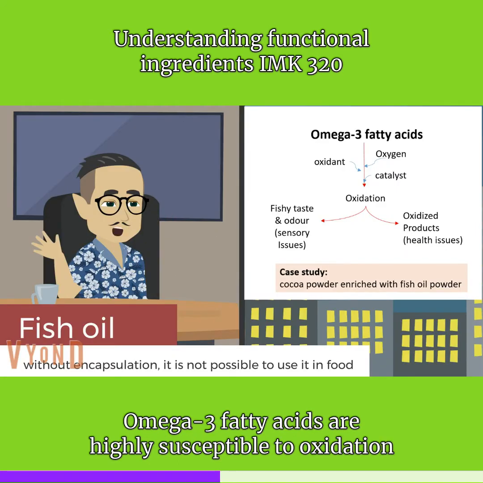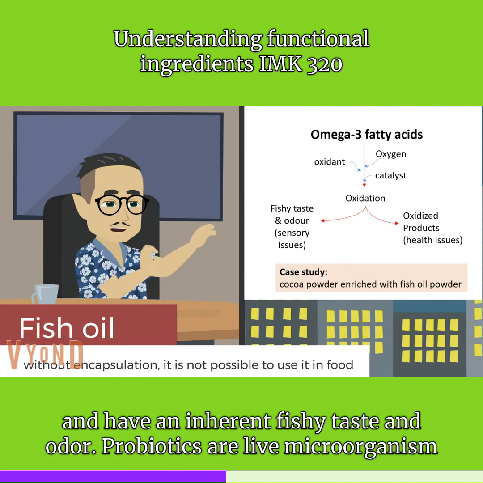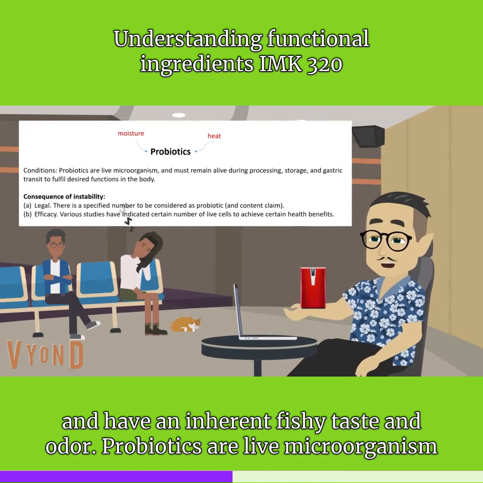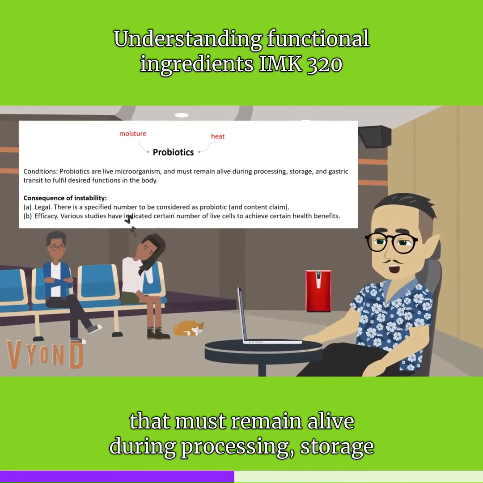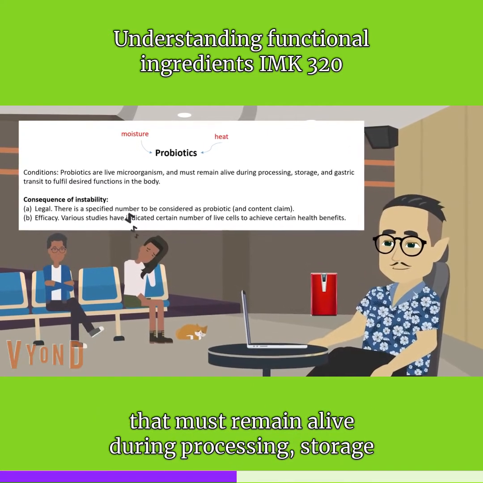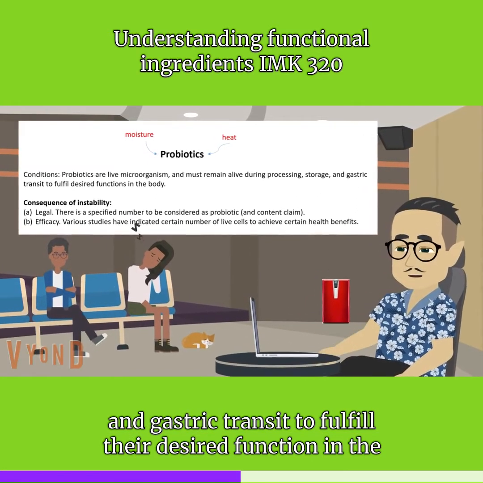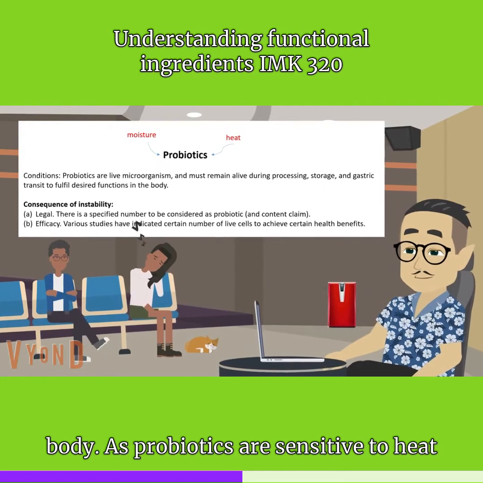Omega-3 fatty acids are highly susceptible to oxidation and have an inherent fishy taste and odor. Probiotics are live microorganisms that must remain alive during processing, storage, and gastric transit to fulfill their desired function in the body.